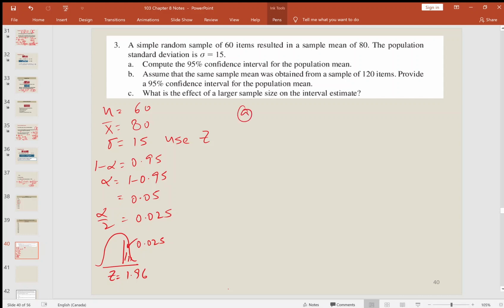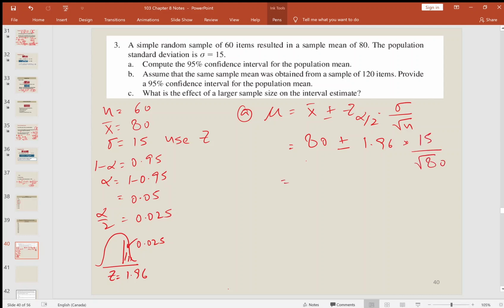Okay, so compute the 95% confidence interval. We know that the formula for confidence interval is mu equals x bar plus or minus z alpha by 2 times sigma divided by square root of n. So x bar, the sample mean, is given as 80, plus or minus z is 1.96, sigma is 15, and sample size is 60.